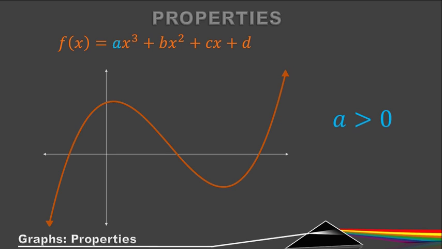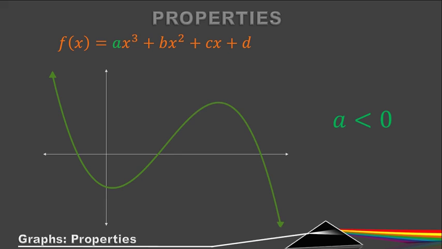I like to think of it as ending with a smiley face. That's just an easy way to remember it. And if your a value is negative, then your graph will end with a sad face, or end by decreasing.